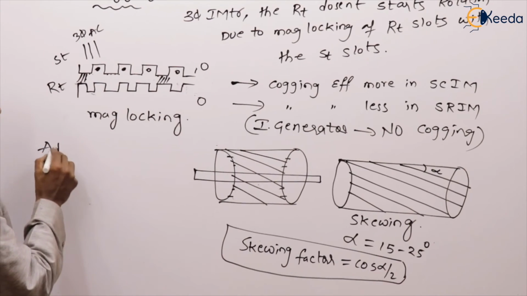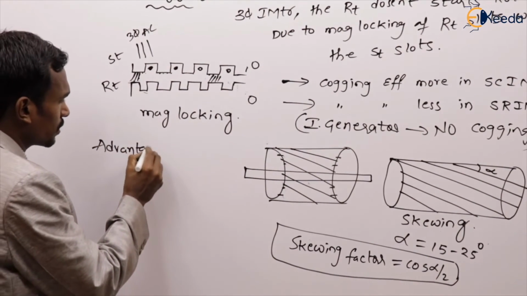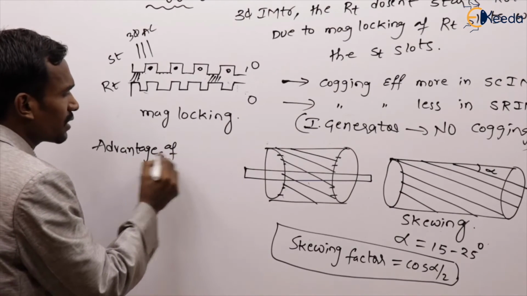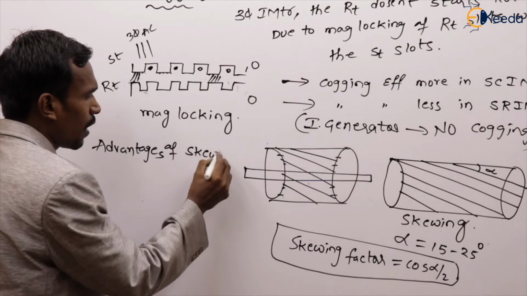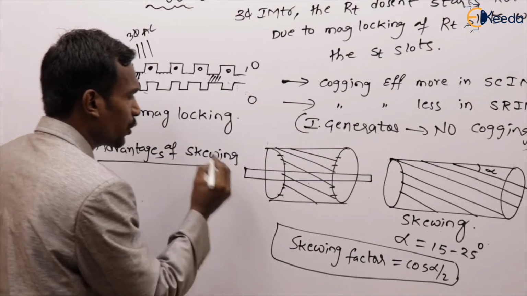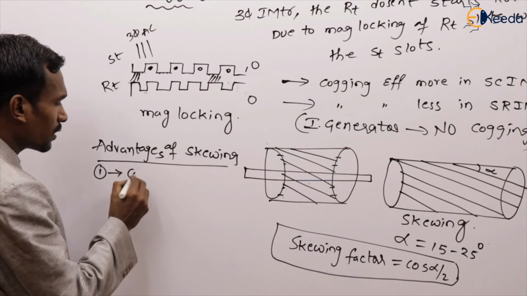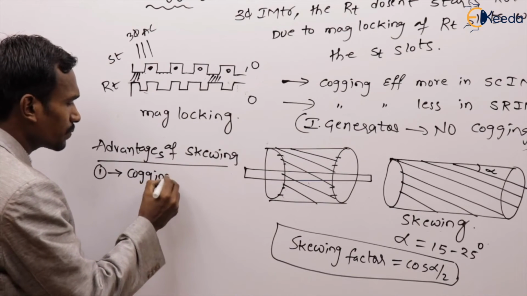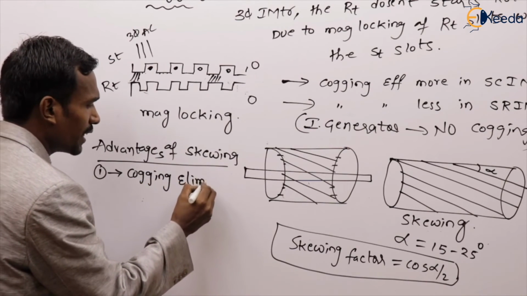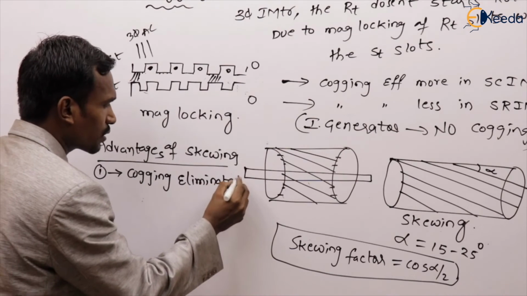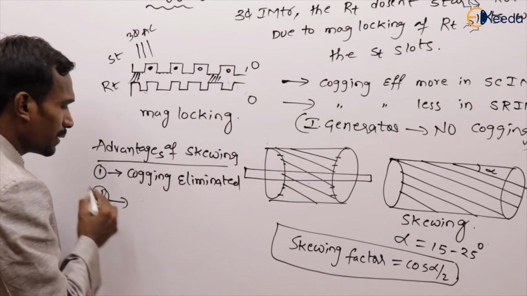What are the advantages of skewing? First one, cogging eliminated. By using skewing, we can eliminate cogging.